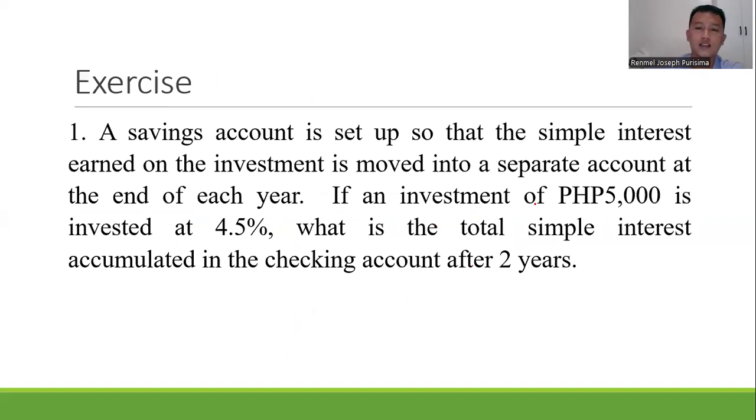Now let's have an example. A savings account is set up so that the simple interest earned on the investment is moved into a separate account at the end of each year. If an investment of 5,000 is invested at 4.5%, what is the total simple interest accumulated in the account after 2 years?